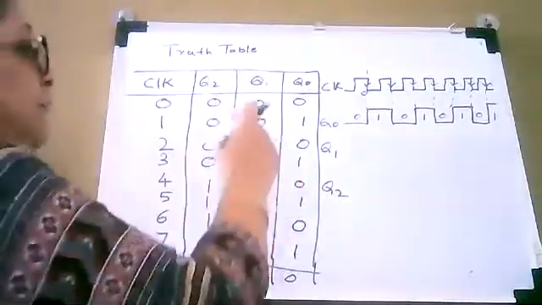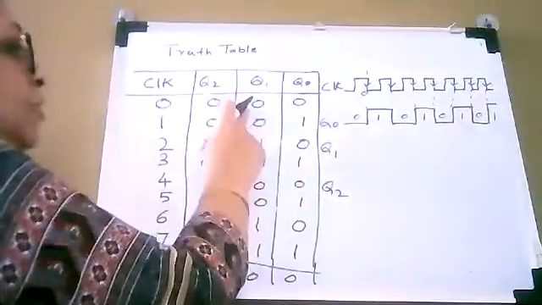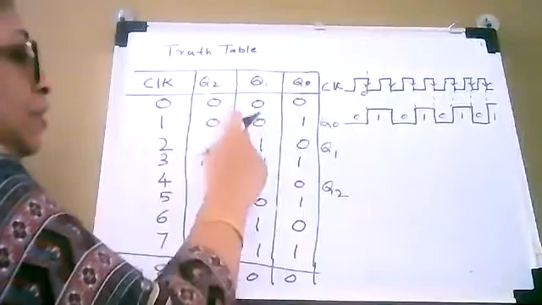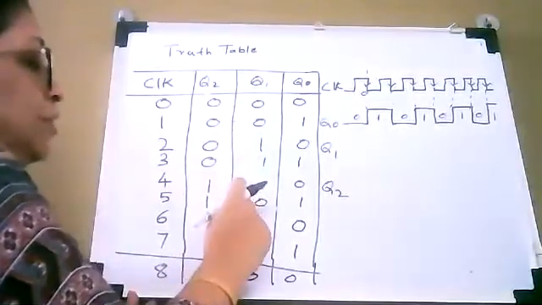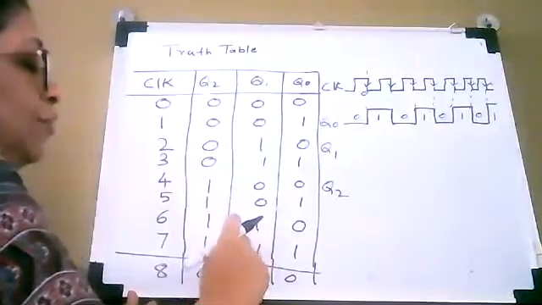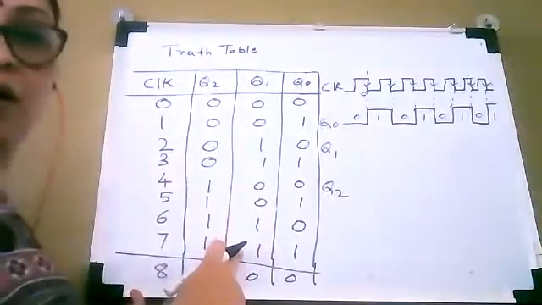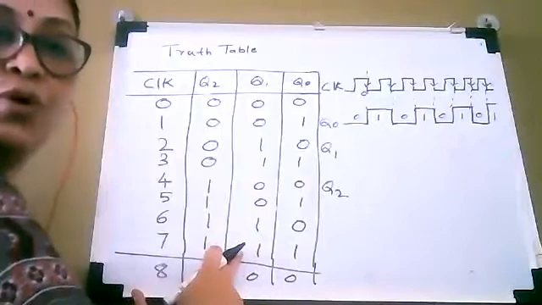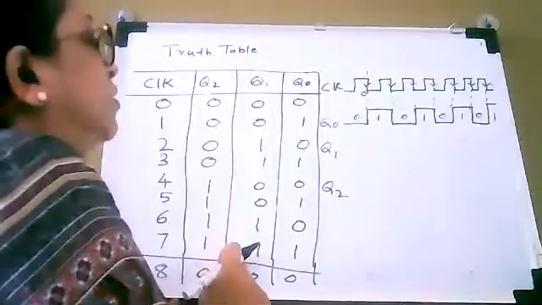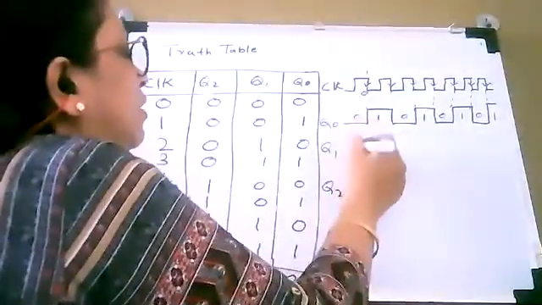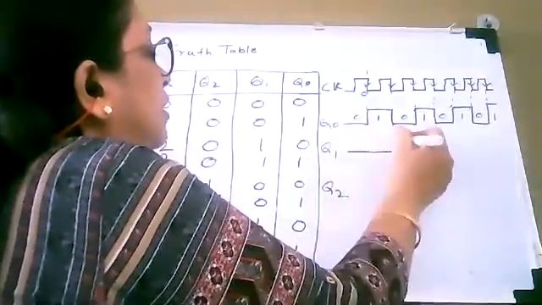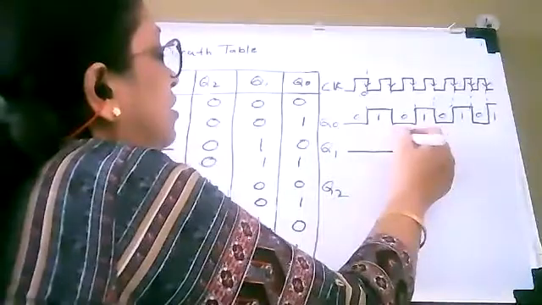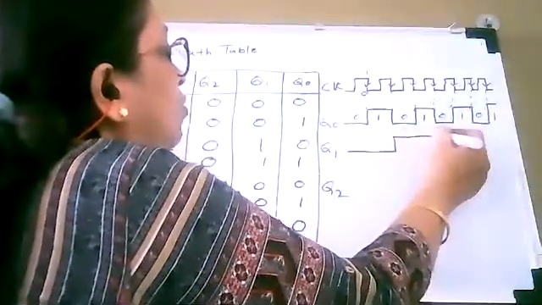Now, if you observe Q1, then you can observe for 2 clock pulses it is 0. For 2 more clock pulses it is 1. Again for 2 clock pulses it is 0. And again for 2 clock pulses it is 1. So this is what we have to draw in the timing diagram. So initially for 2 clock pulses it is 0. Thereafter it is making transition 1.